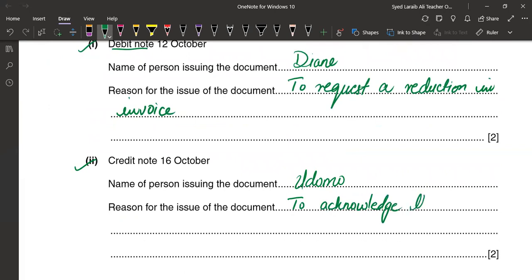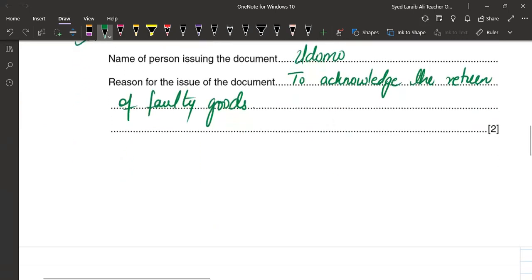Acknowledge the return of faulty goods. Right? So he has already acknowledged and accepted the reduction in the invoice as well. So either you write the reduction in an invoice or you write to acknowledge the return of faulty goods.